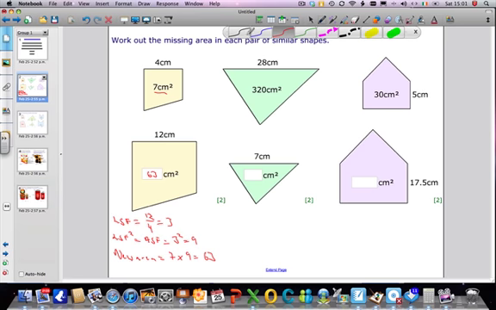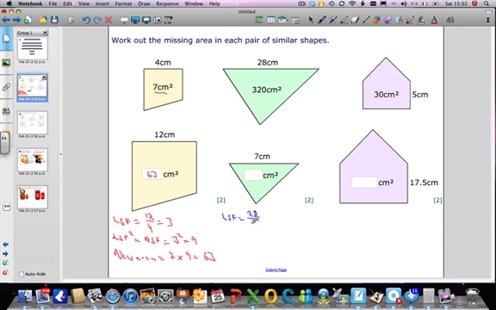That's the first one done. Second one, we're given two corresponding sides again, and we're asked to work out a corresponding area. So let's have a look. The linear scale factor is going to be the big side divided by the small side. Always remember they must be corresponding, the same type of side.